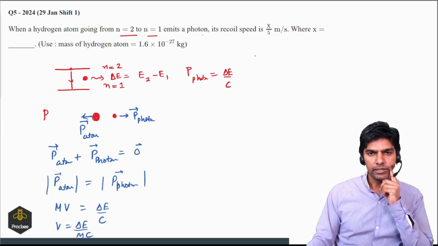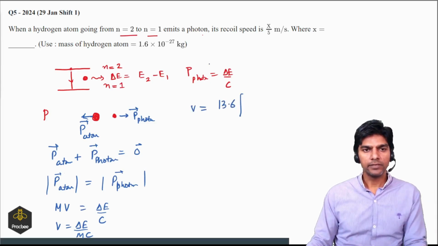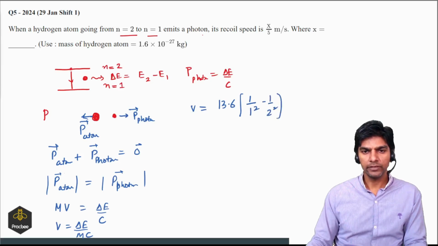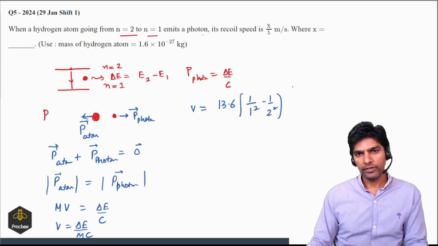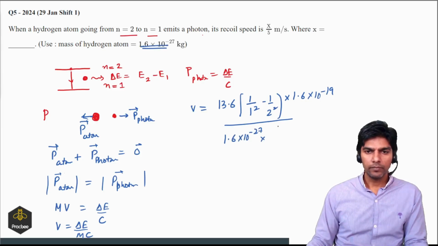So delta E can be written as 13.6, and it is a hydrogen atom, so it will be 1 by 1 square minus 1 by 2 square, and it is in electron volt. And we have to find the answer in SI units. So you have to multiply this with 1.6 into 10 raised to the power minus 19 by mass, which is 1.6 into 10 raised to the power minus 27, which is given in the question, and the speed of light in vacuum, 3 into 10 raised to the power 8.